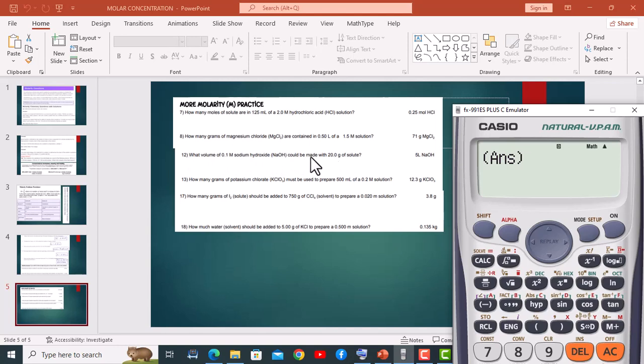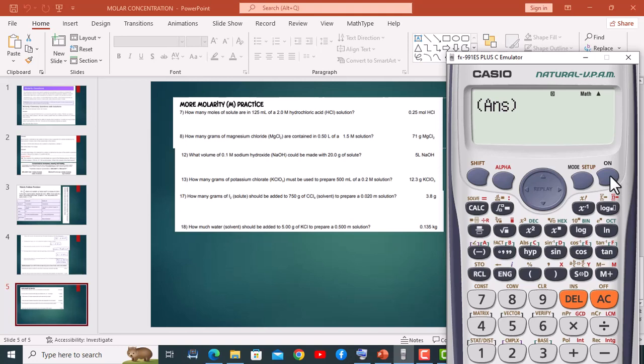So we have 20 grams, which is the mass of sodium hydroxide. Please, let's be very careful with that. We have the mass of sodium hydroxide, and we can calculate the number of moles here. Please be very careful.